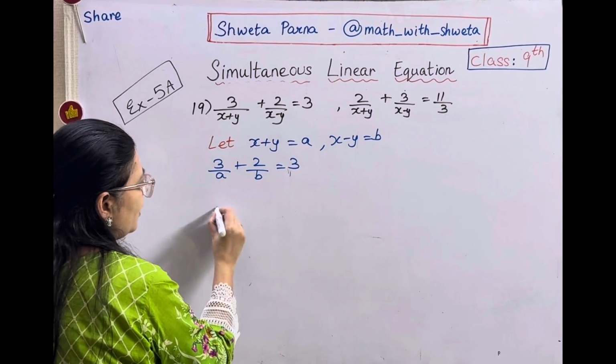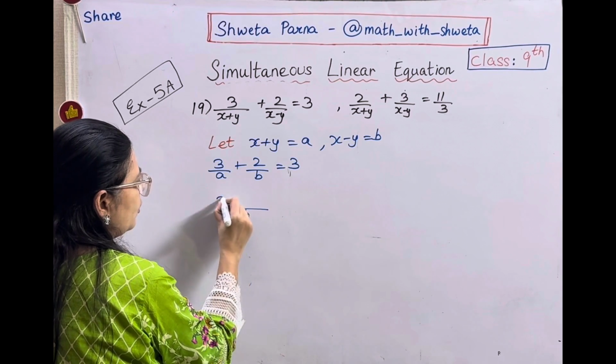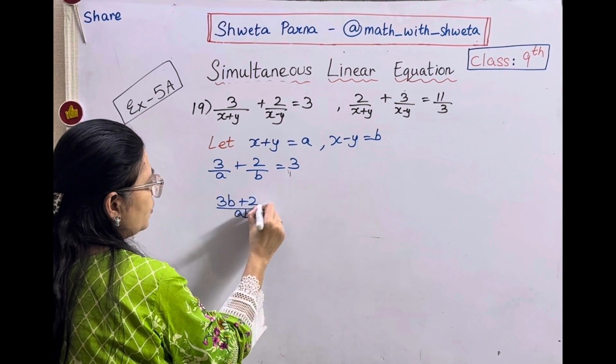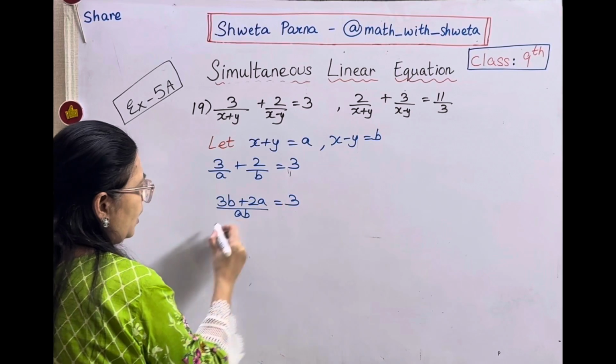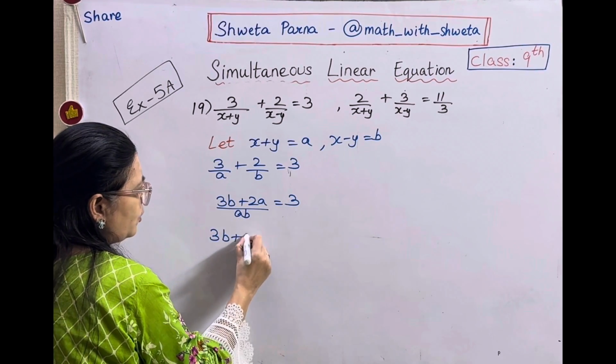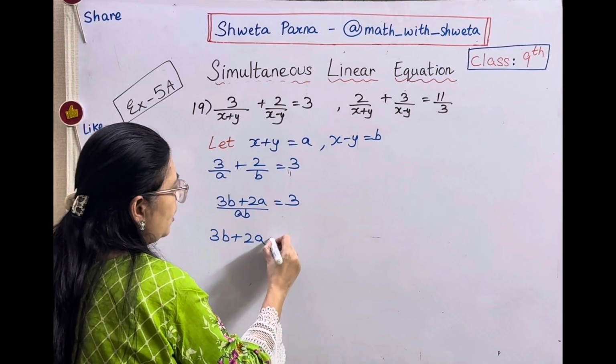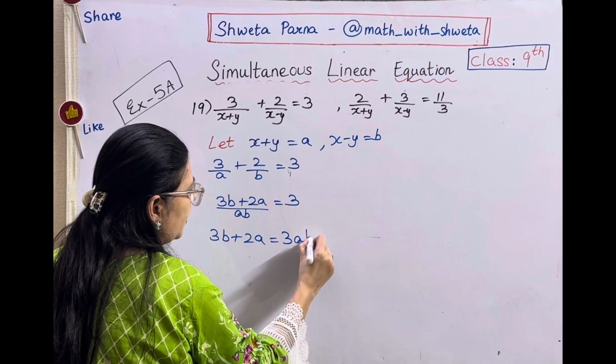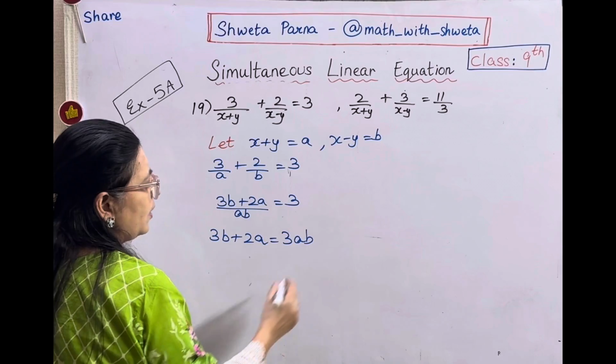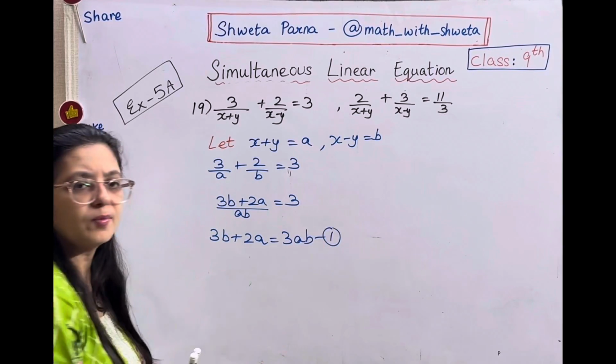Now take the LCM. LCM is AB. So this will become 3B plus 2A is equal to 3. Division, when it goes here, becomes multiplication, is equal to 3AB. This is equation 1.